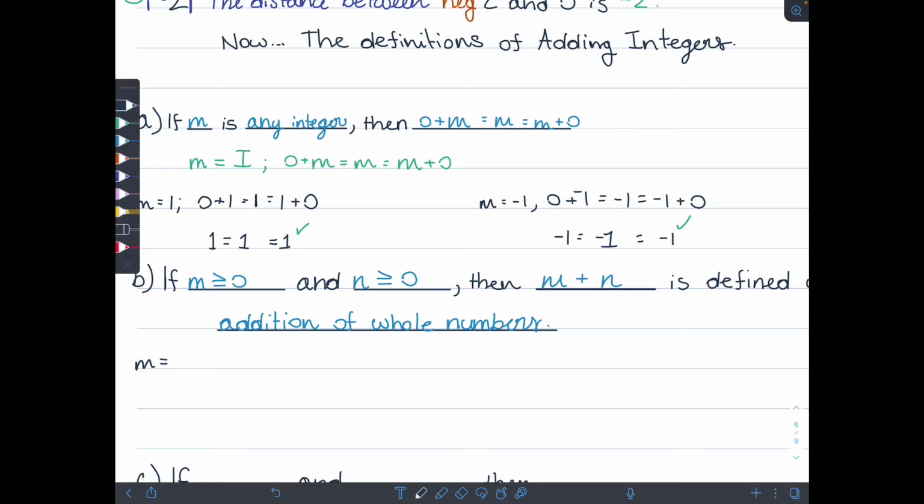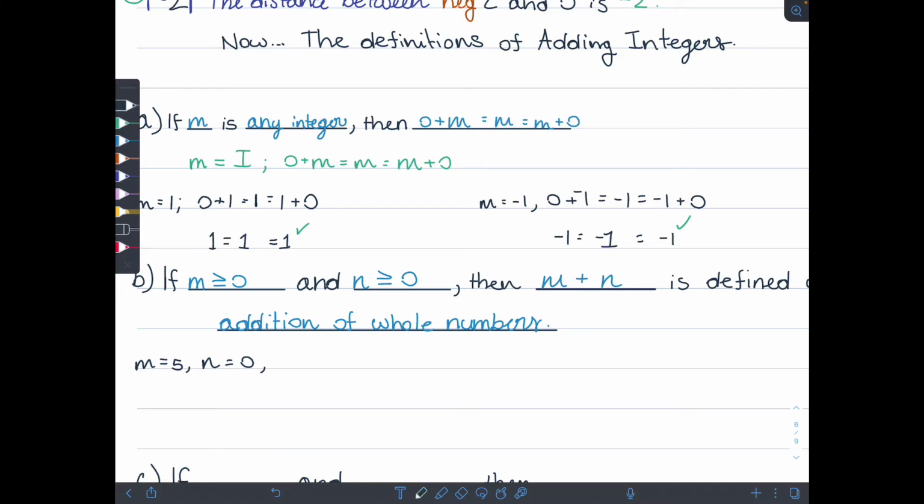Let's set m equal to 5. Is 5 greater than or equal to 0? Yes, so that should work. Let's set n equal to 0. Is 0 greater than or equal to 0?